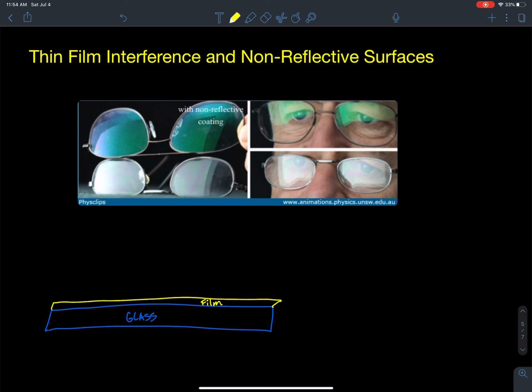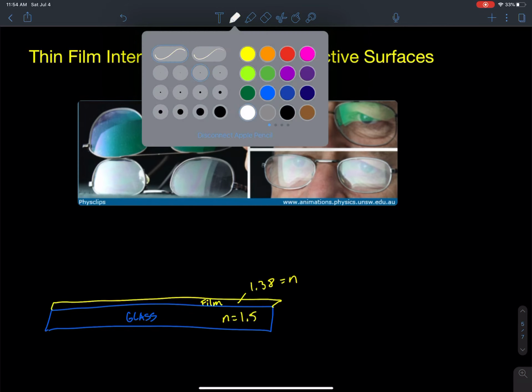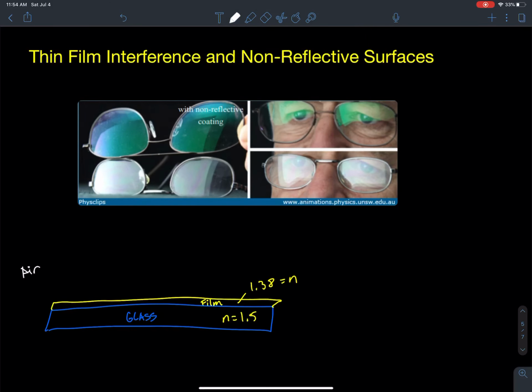If I coat it with a film that has a refractive index of 1.38, and my glass has a refractive index of 1.5, and then this is, of course, air at the top, so my light is coming from the air into the film and then coming out again. Okay, those would be those waves.